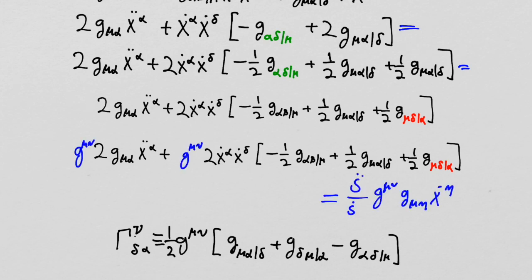So here is g mu nu multiplied straight through. This ultimately here will give me the delta function nu alpha.